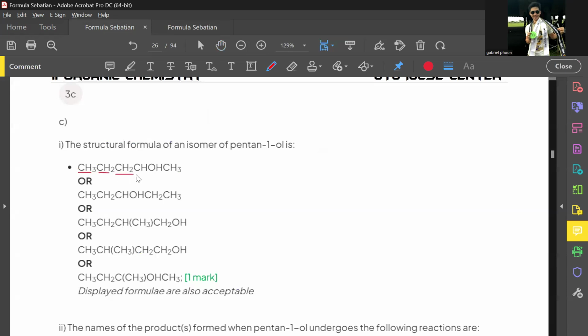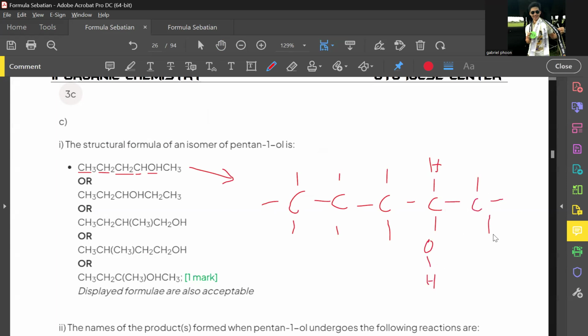CH3, CH2, CH2, CH, then OH. If I were to draw the display formula for this, it would be CH3, CH2, CH2, then C, H, OH, then CH3. This is one. The other one is moving this thing over to this side.